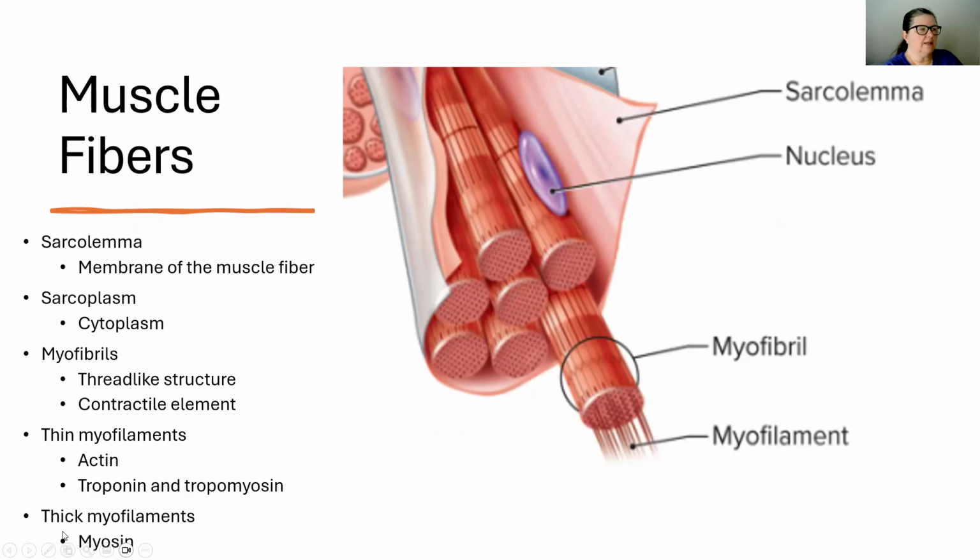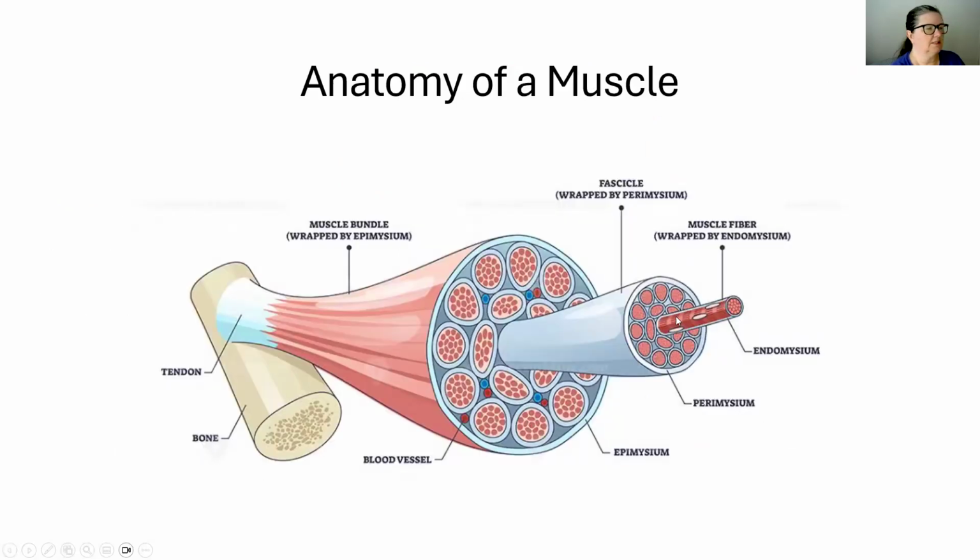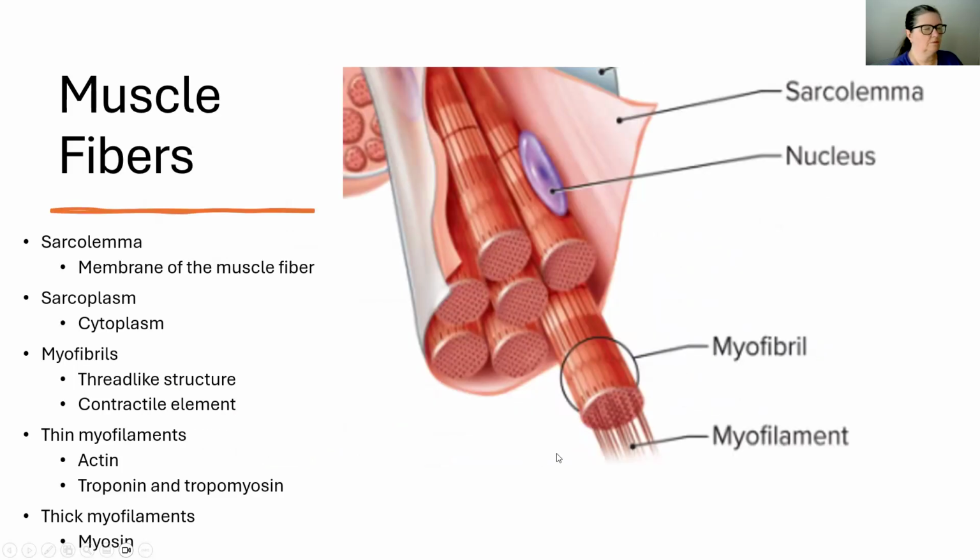Okay, so let's talk about the parts of the muscle fiber. So right here, if we go back, is literally this, just magnified. So parts of the muscle fiber include kind of the same setup, smaller wrapped into larger.